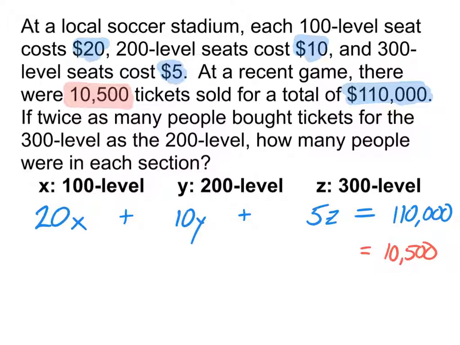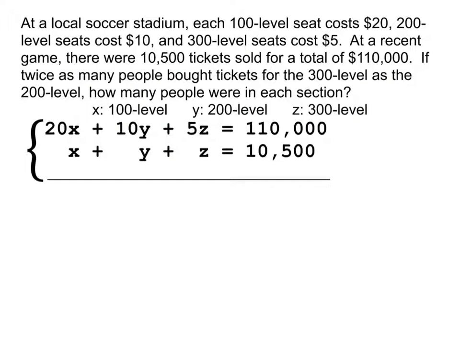Well, really all we have to do is just add them, right? Because if I take the number of 100 level plus the number of 200 level plus the number of 300 level, all those together are going to represent the total number of seats, the 10,500. So far I've got two equations, but I still need a third, because if there are three unknowns, we have to have three equations.